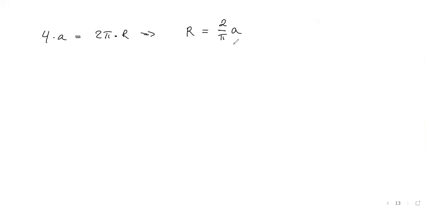And then let's compare the areas. The area of the square is a squared, and the area of the circle, we have to say pi radius squared.